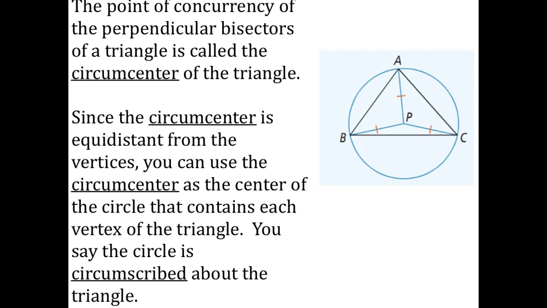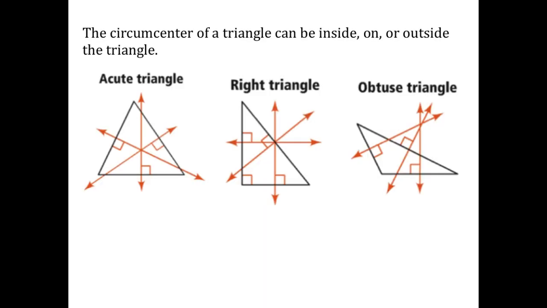Now, depending on what type of triangle you have set up, the circumcenter can be in different locations. It can be inside, outside, or on the triangle. If you have an acute triangle, meaning the 3 angles are all less than 90 degrees, it's always going to be inside the triangle.